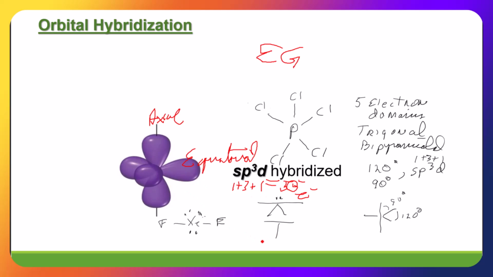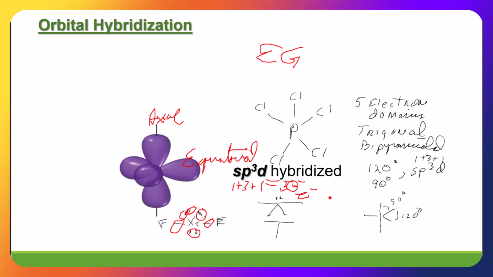Now, each of the representations that I have down here in stick figures represents trigonal bipyramidal because it's based on the number of electron domains. So I have 1, 2, 3, 4, let's include both those electrons, 4 and 5.